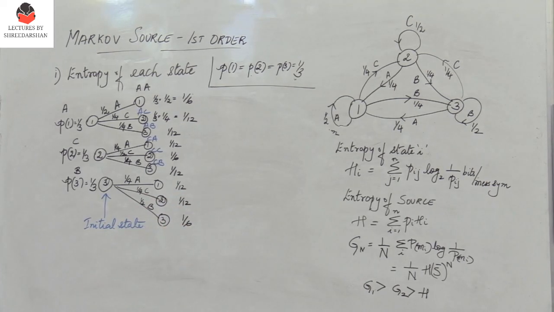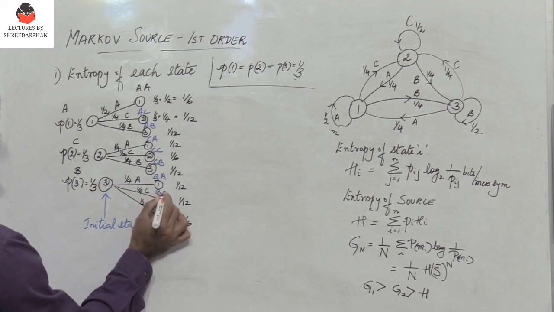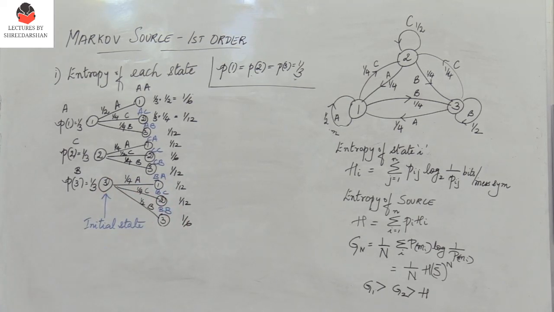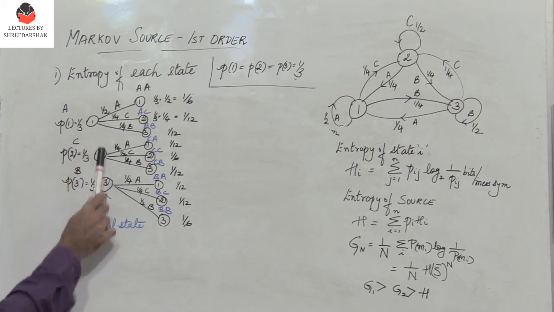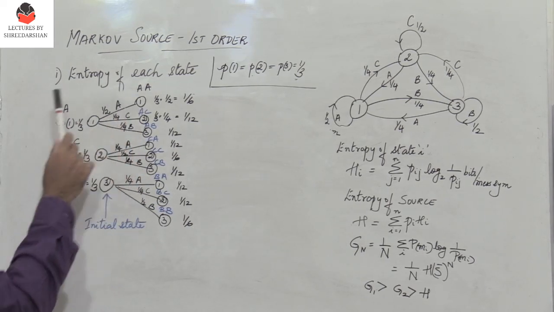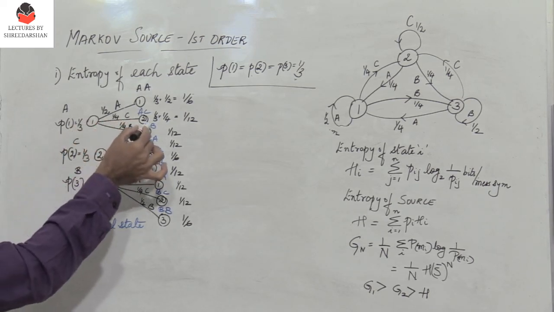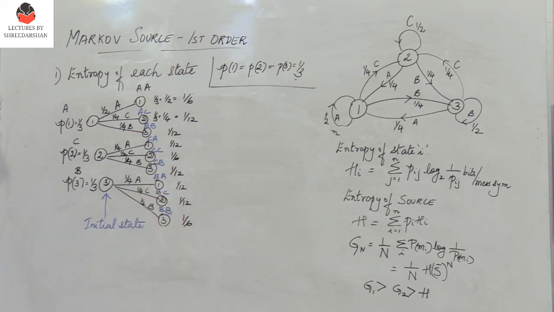The symbols are BA, BC and BB. So this is the state at the end of the first symbol interval. So I get AA, AC, AB, CA, CC, CB, BA, BC and BB here.